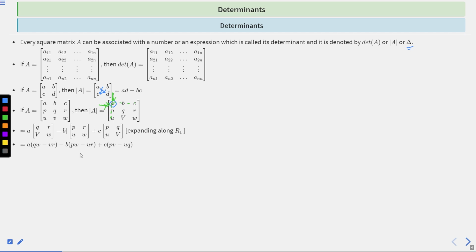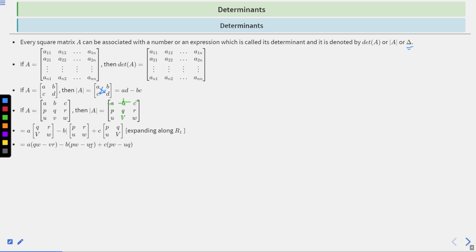Now, if you take B, now it is minus B, right? Clear? Now, B is in this column, so this column and this row will be covered. So what is left? UW, right? Clear?